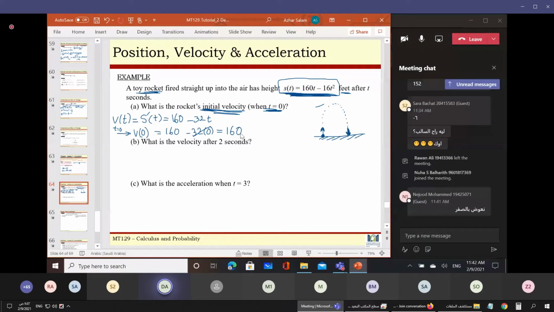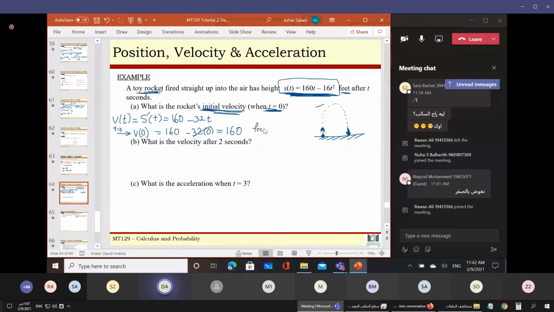This is 160, the initial velocity. Even before the movement of the rocket, the initial velocity is 160, of course, feet per second. The unit here is not necessary, but since it's mentioned, feet per second.